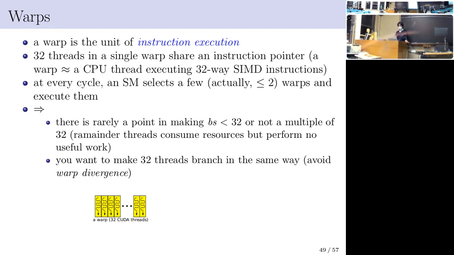In the best case, 2 warps means 64 threads. If all of them execute FMA instructions at a particular cycle, and this happens every single cycle, this is how the GPU gets the maximum performance.